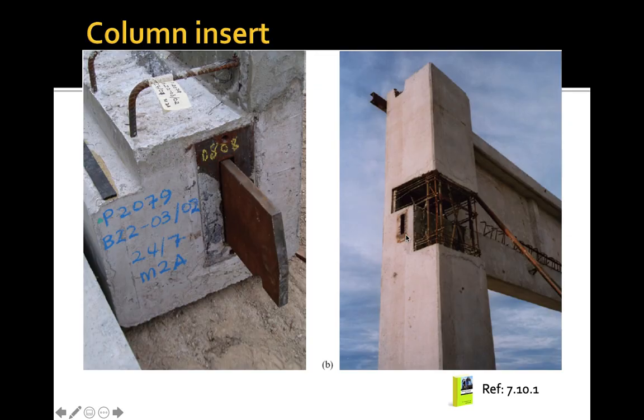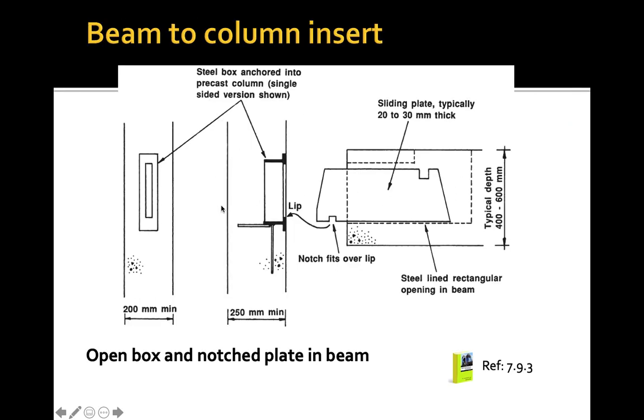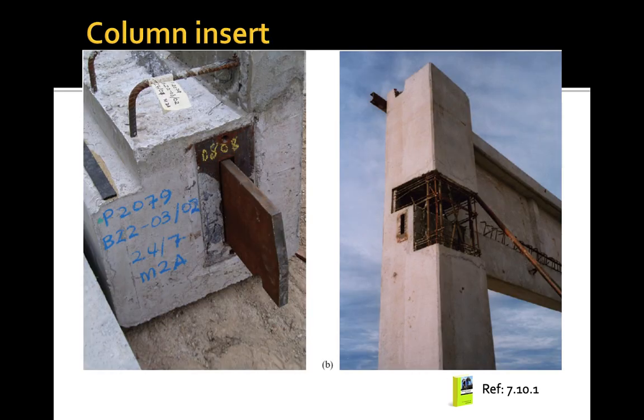So we can see here this is the box that we have discussed earlier, which is this one. We have open box and notch plate in beam. So the figure that is shown there is this one, which is the sliding plate that is coming from the beam, and also we have this steel box that is anchored into the precast column.